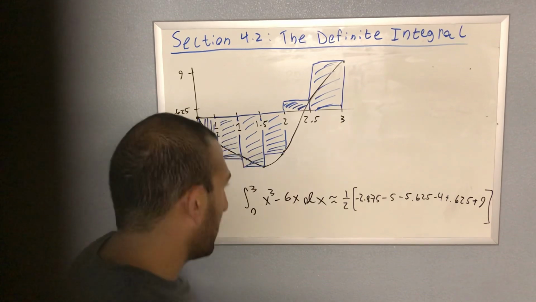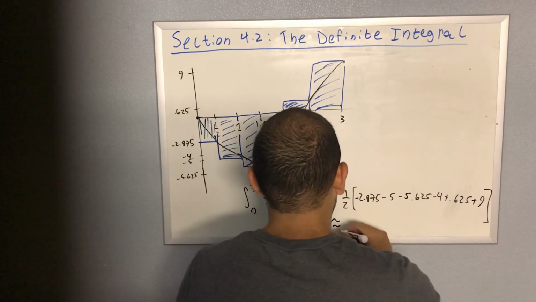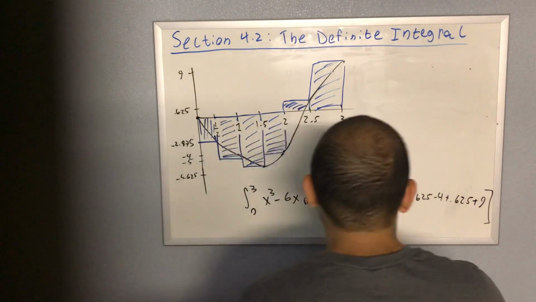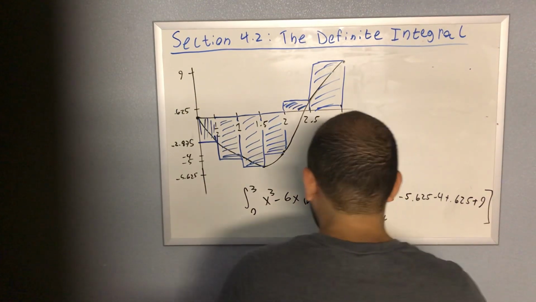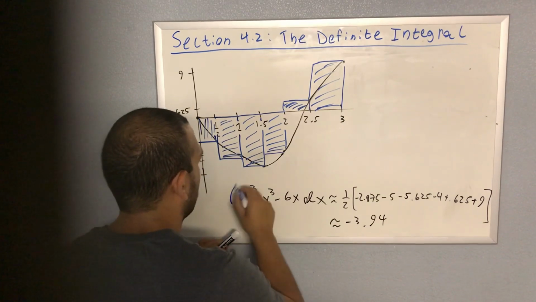Okay, and then when the dust clears and everything happens, this is approximately going to be then negative 3.94. So see, we do get a negative value for this, so that's fine. That's perfectly fine.